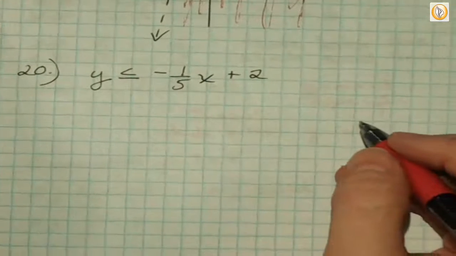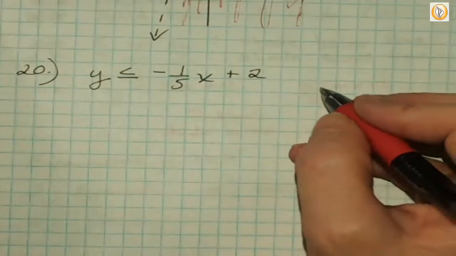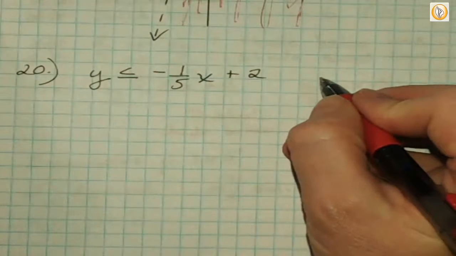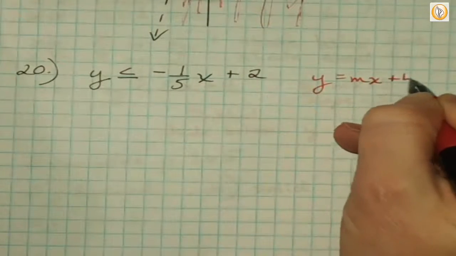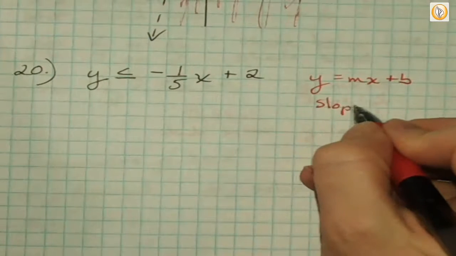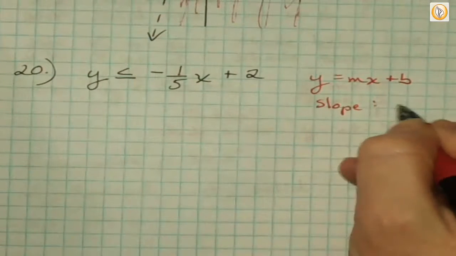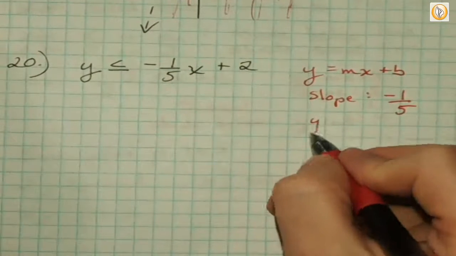So, Talia, since Joseph determined the slope and y-intercept last time, I want you to tell me. First of all, is this in the y equals mx plus b format? Very good. What is the slope? Negative 1 over 5. Good. What is the y-intercept?